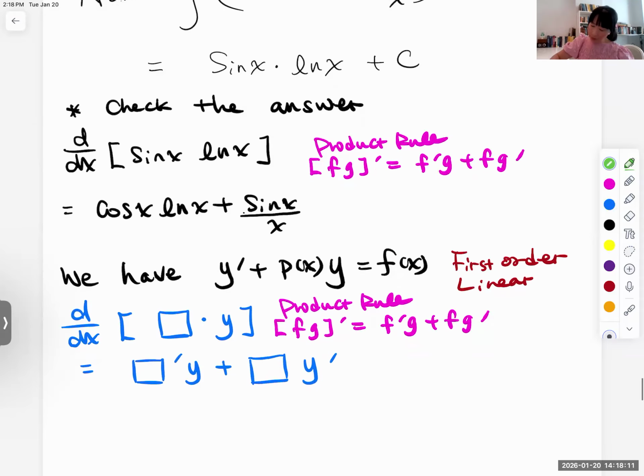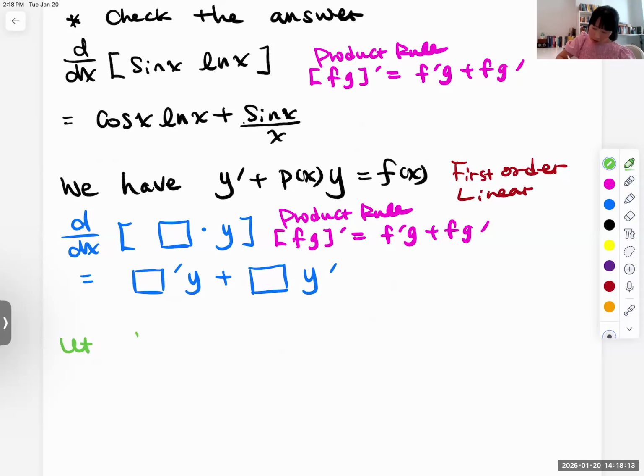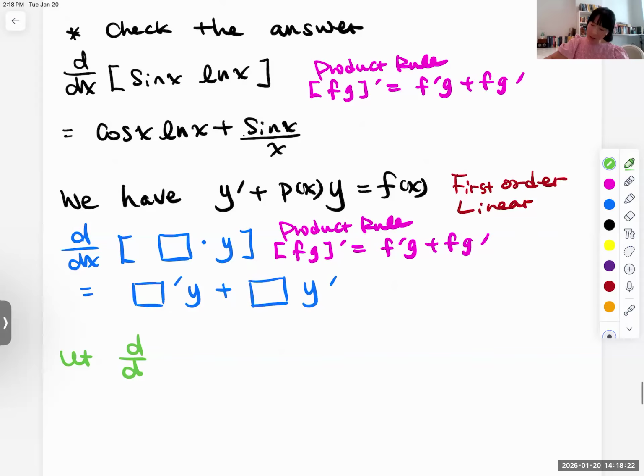So what if we have the derivative, I'm going to change y here, with respect to x, because we are using y as the variable here, of mu times y.